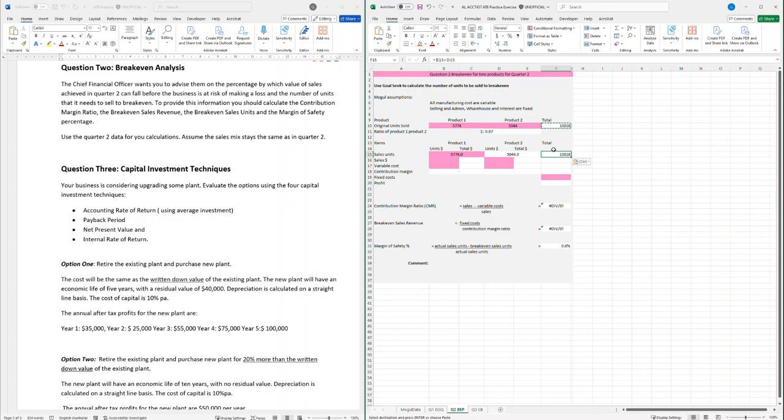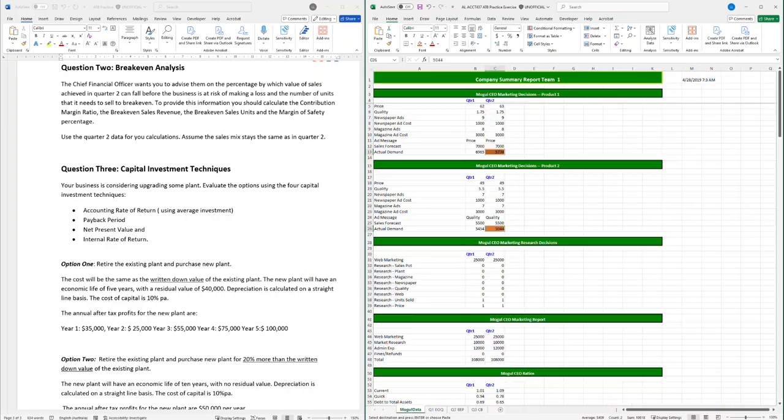The next thing is we will put in the sales price. I think I saw it when I went through this just now. The price is 63.49.